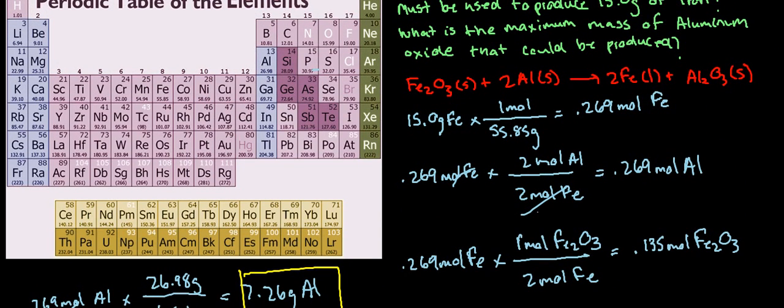Now the second part of the question is, what is the maximum mass of aluminum oxide that could be produced? And aluminum oxide is the second product of this reaction. So what I can do is just look at the moles of iron 3 oxide and then use that to calculate the amount of aluminum oxide, because they react 1 to 1.